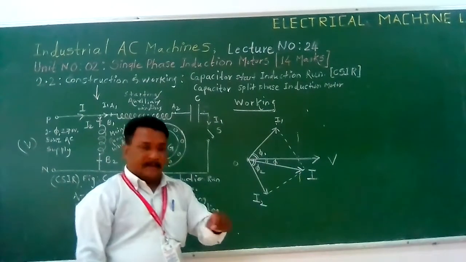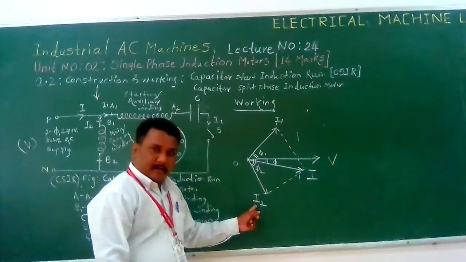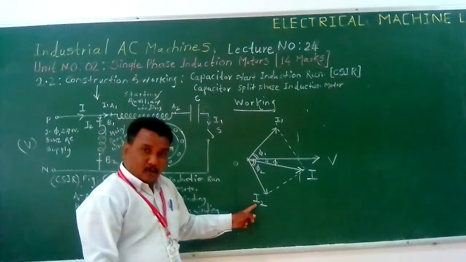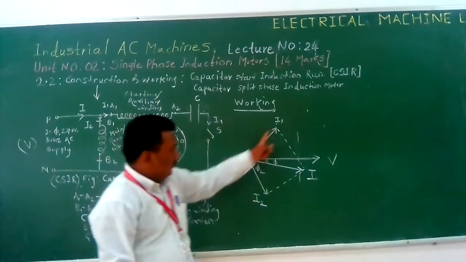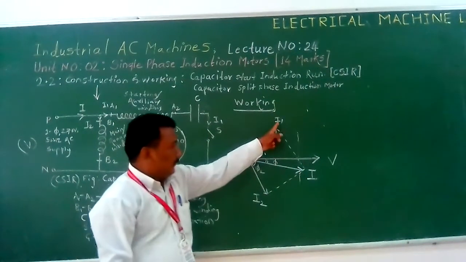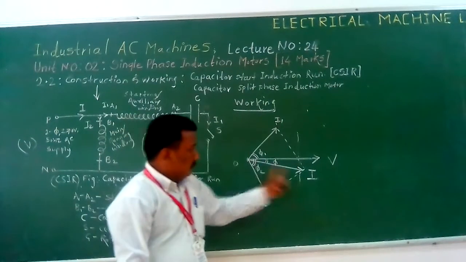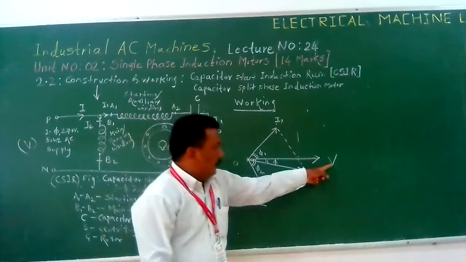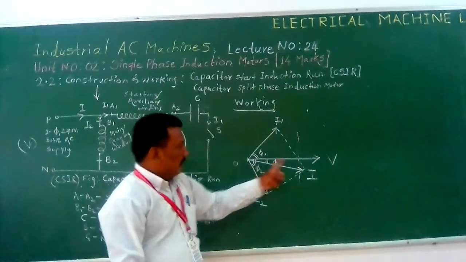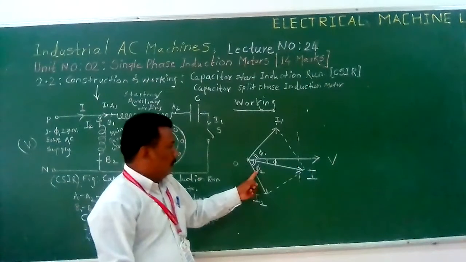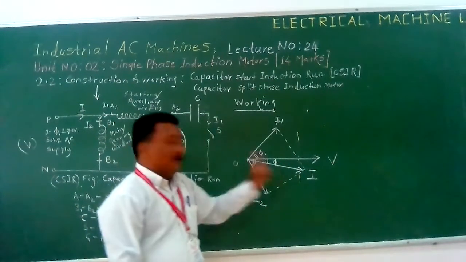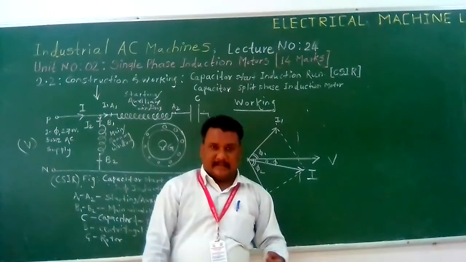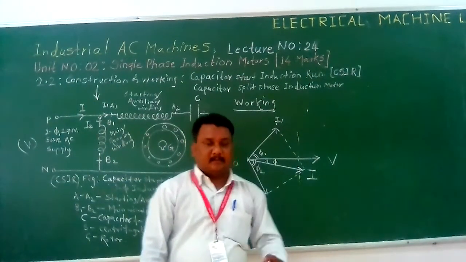The equivalent of the starting winding and running winding current is the total motor current I. The angle between V and I1 is phi 1, the angle between V and I2 is phi 2, and the angle between V and I is phi. So this is the phasor diagram of a capacitor start induction run single phase induction motor.